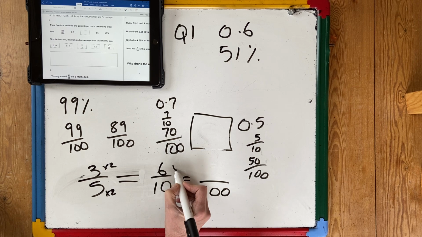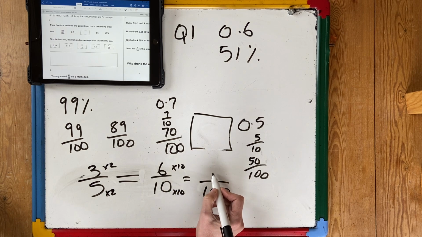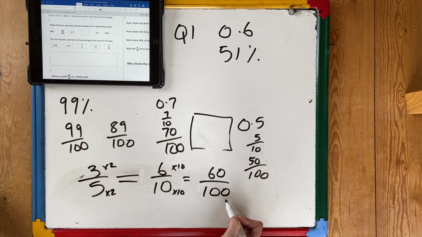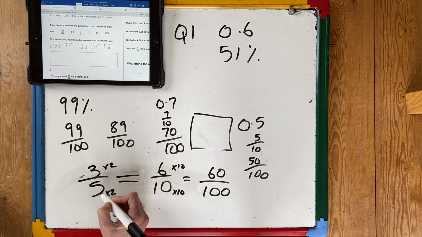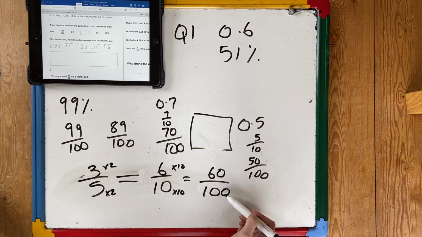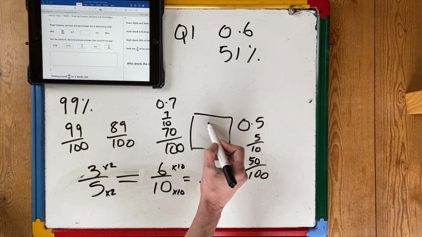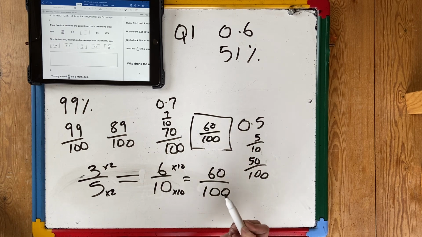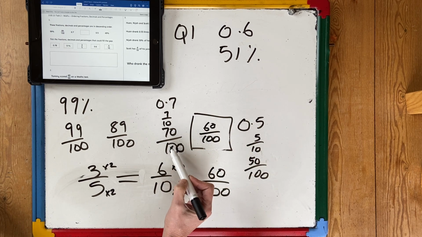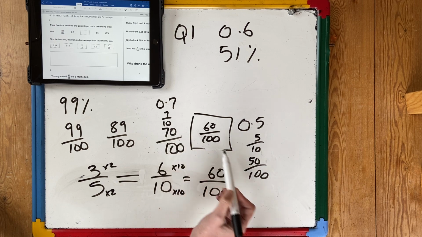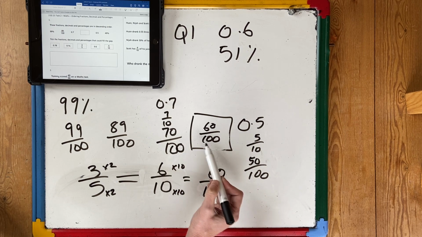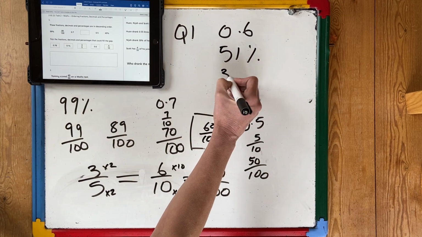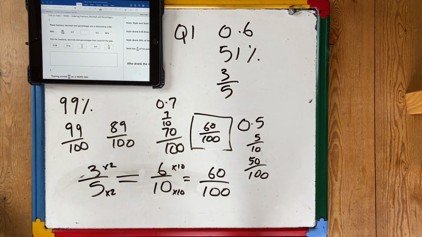Times it by 10. 6 times 10 is 60. So 3/5 is the equivalent of 60 hundredths. So that too could go in there because it's less than 70 hundredths, but greater than 50 hundredths. So 3/5 could also go into that box.